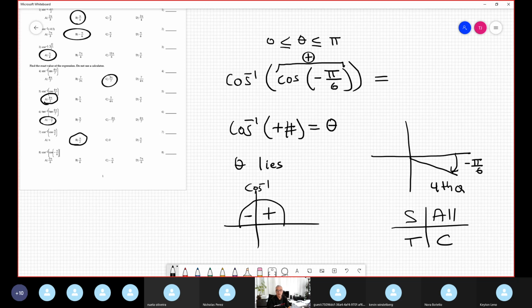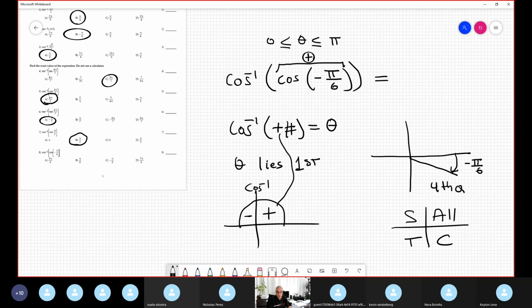In what quadrant does theta lie? The final answer, theta. In the first. Very well. In the first quadrant, because it's positive.